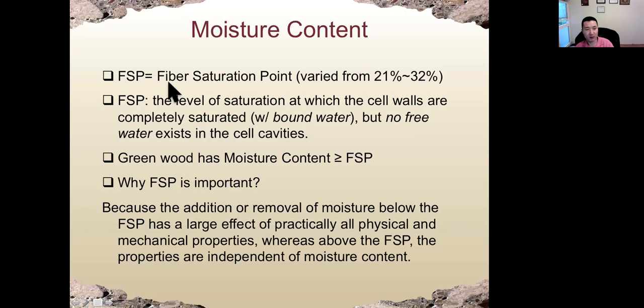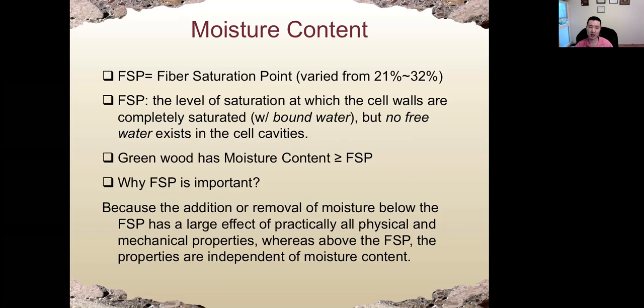Another definition related to the moisture content of wood is the so-called fiber saturation point. Depending on the type of wood, the fiber saturation point, or FSP, is between 20 and 30%. FSP is defined as the level of saturation at which the cell walls are totally saturated with bound water, but there's no free water in the cell cavities.